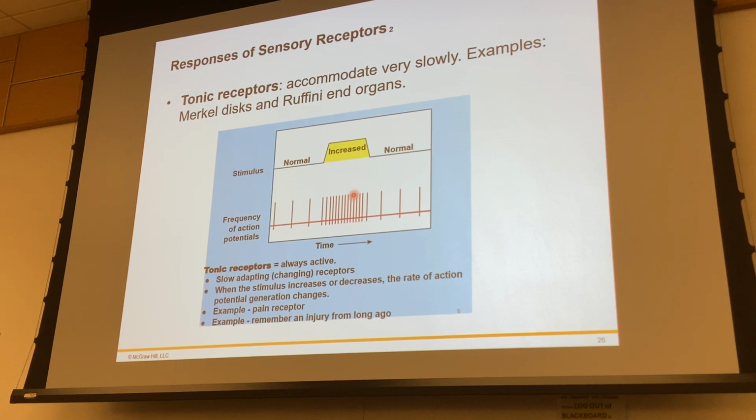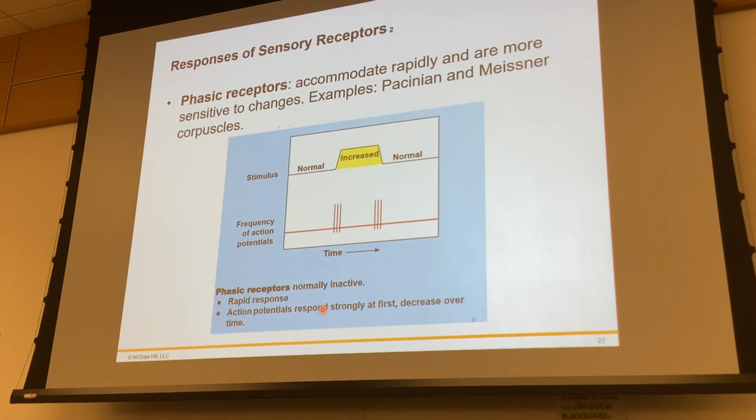These tonic receptors are always active, always sending signals until there's a response, and then they send a lot more. One example of that is the pain receptors. Whether you have pain or not, they are sending signals to your body, basically saying there's no pain from this area of the body, no pain from that area of the body. So tonic receptors are always active.